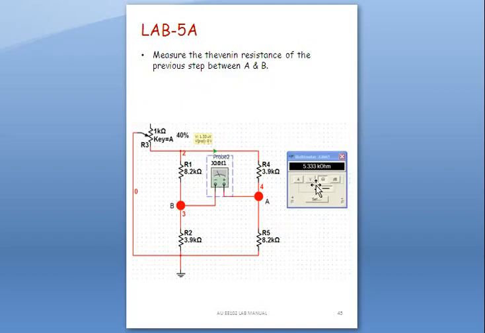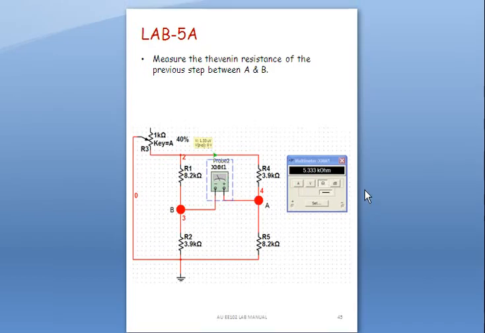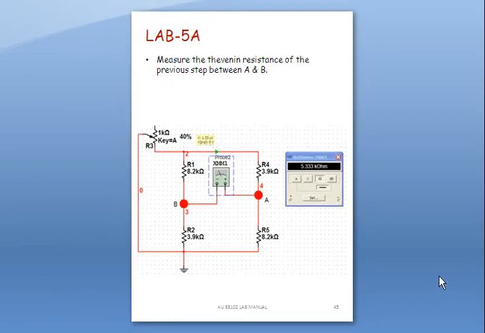Yes, in the same circuit, without changing the value of the potentiometer, you will simulate the Thevenin resistance between A and B, and you will see approximately 5.3 kilo ohms. The Thevenin voltage was 3 volts, and the Thevenin resistance is approximately 5.3 kilo ohms.